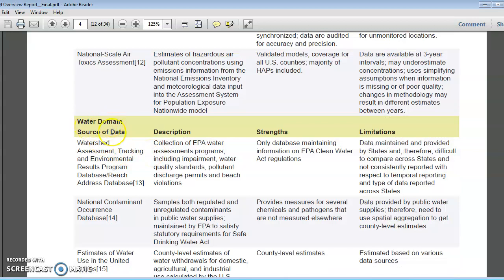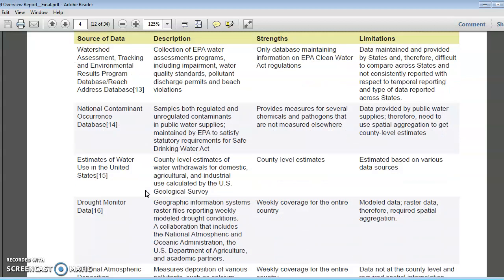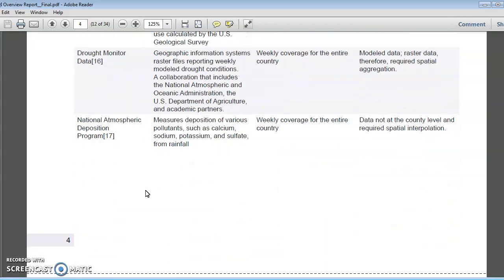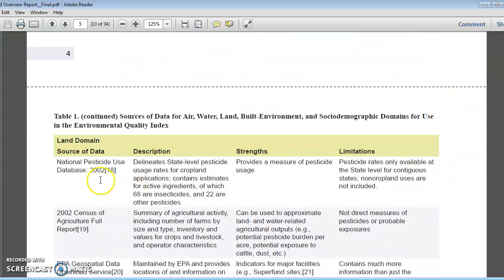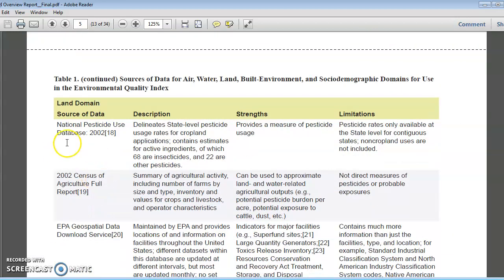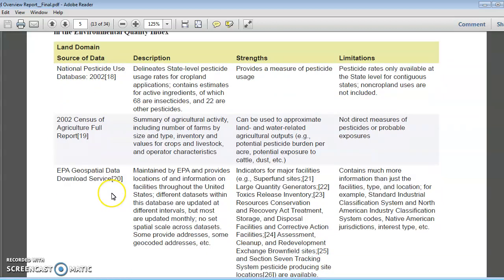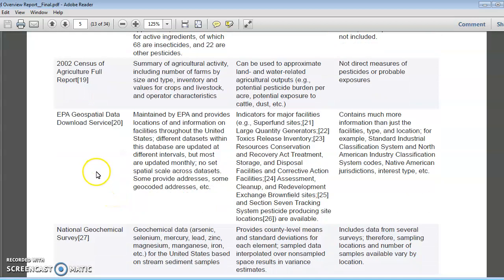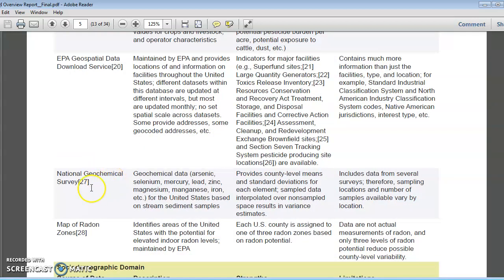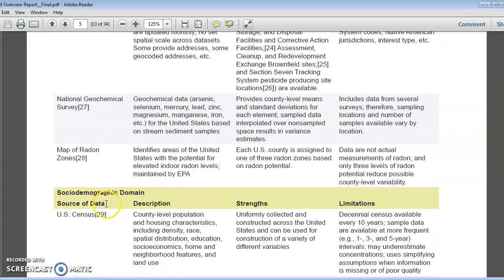Next is the water domain. For the water domain, again there will be different types of data sources, their description, strength, limitations. Land domain, then for land domain data sources, national pesticide use, this is one type of data source. Then national geochemical survey, this is another data source.